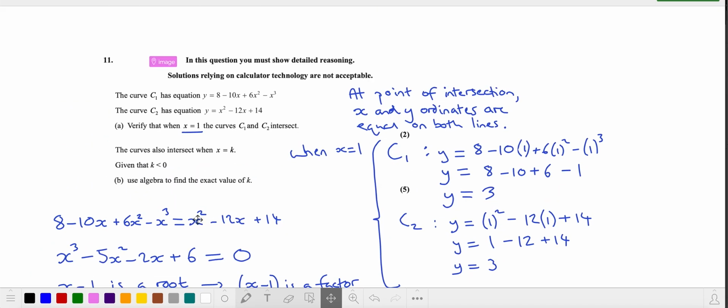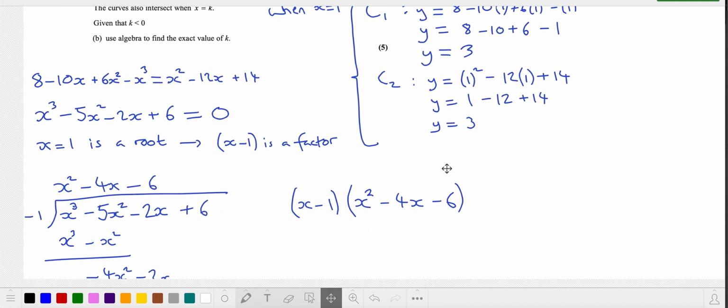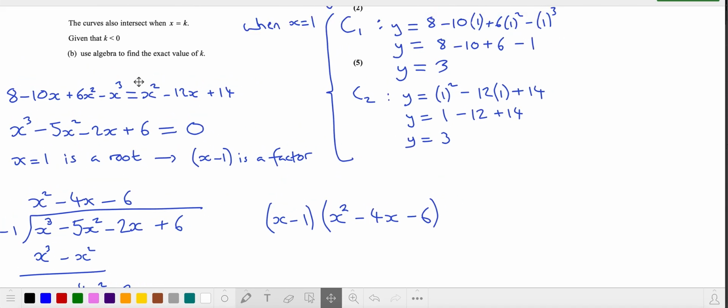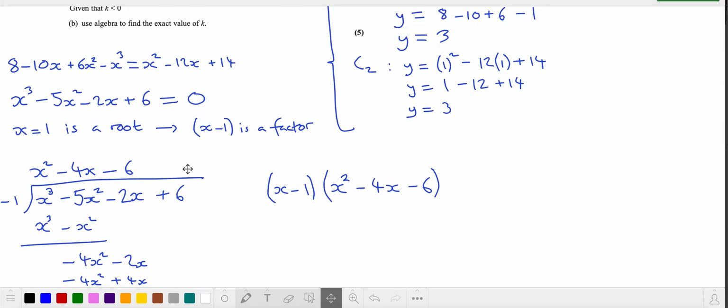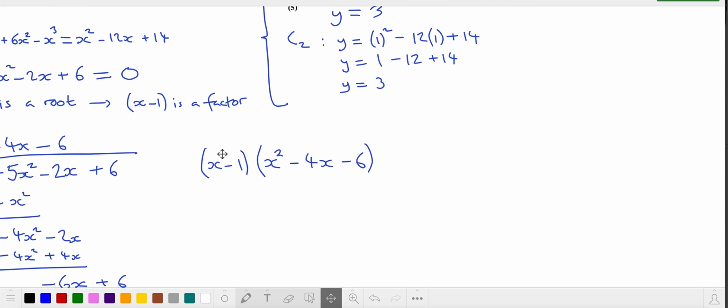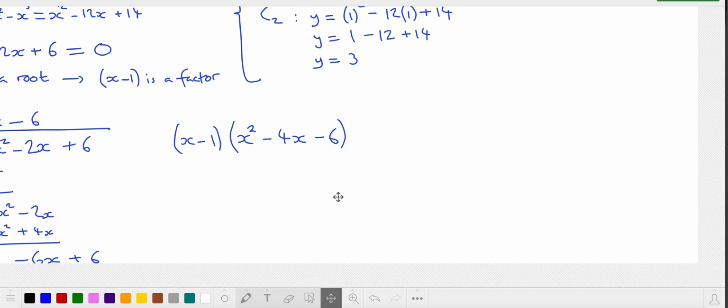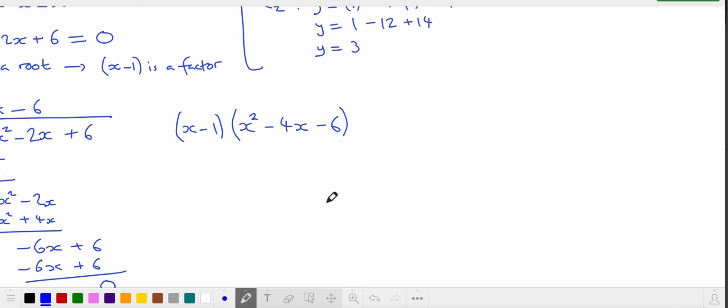I think this said, yeah, solutions relying on calculator technology are not acceptable. So, again, it's probably more to do with this because your calculator will solve cubics for you. But just in case it also doesn't like you solving the quadratic this way, let's solve the quadratic with a formula.